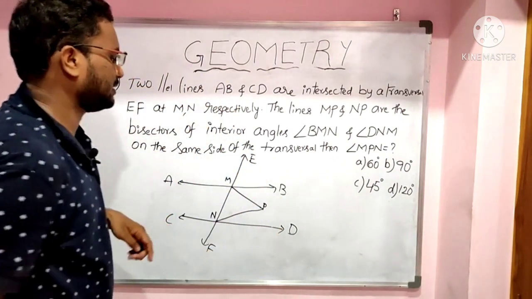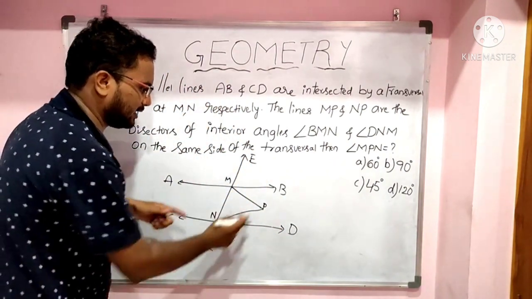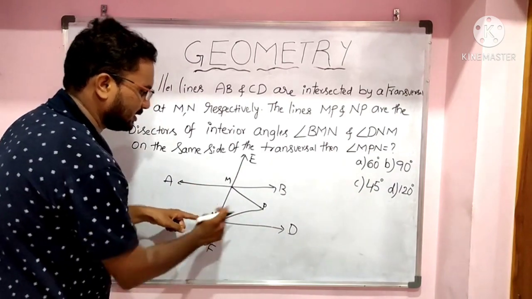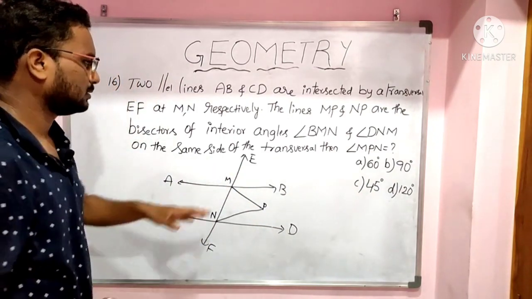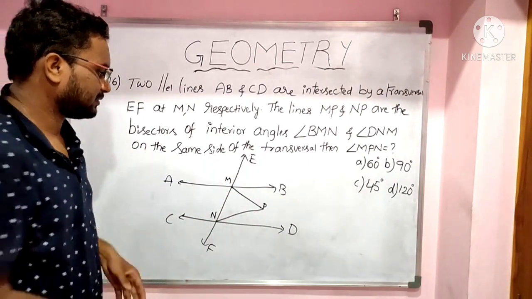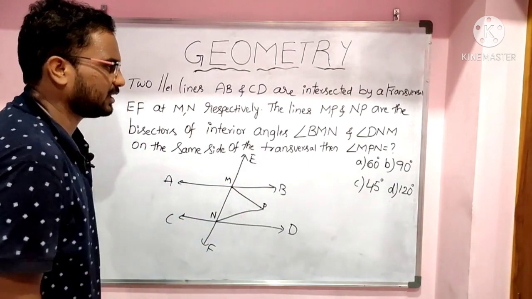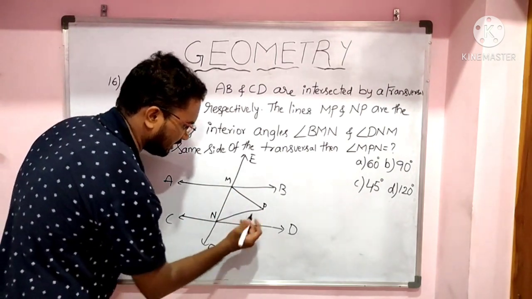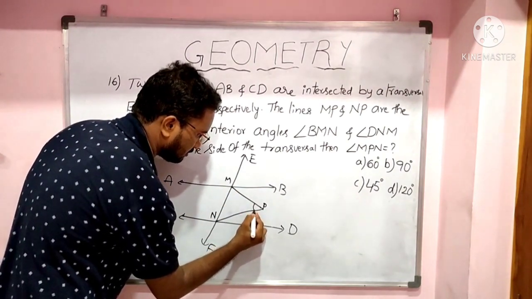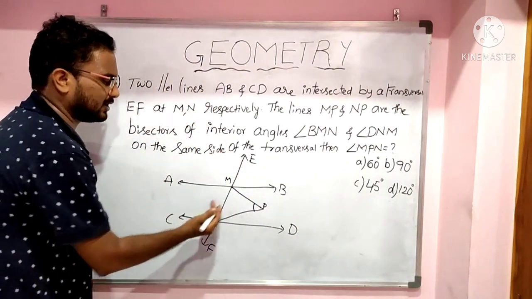Okay, MP and NP are the angle bisectors of angle BMN and angle DNM. Now, on the same side of the transversal, this angle MPN we need to find.